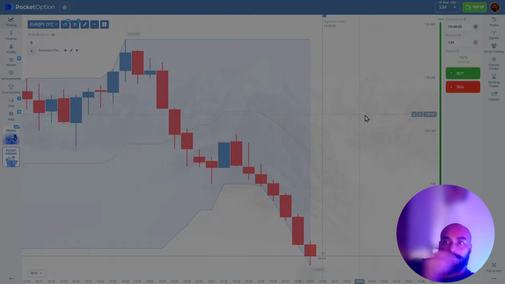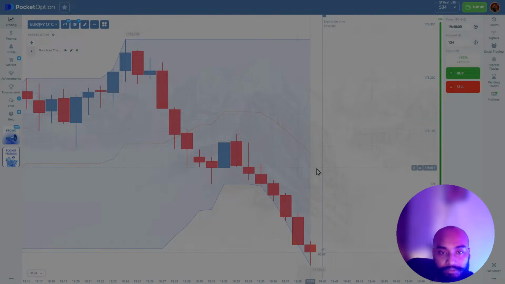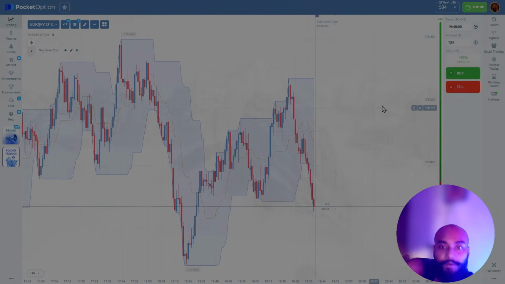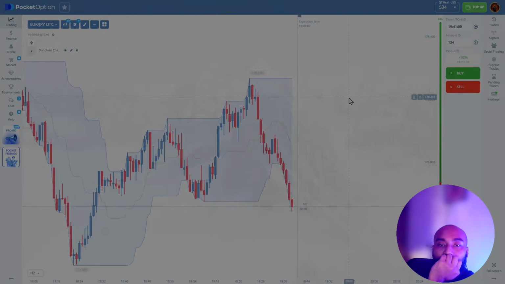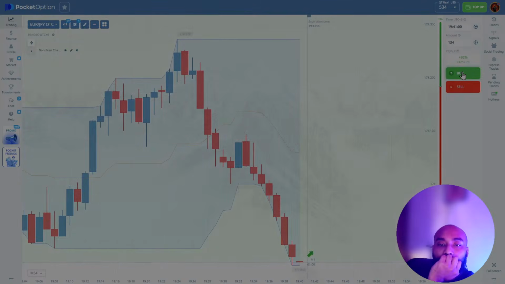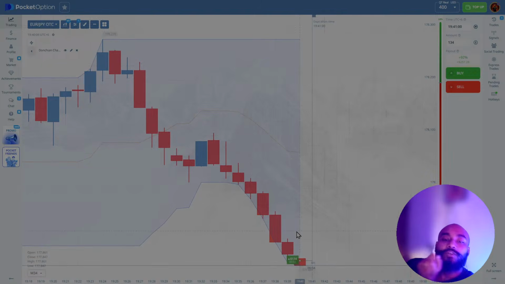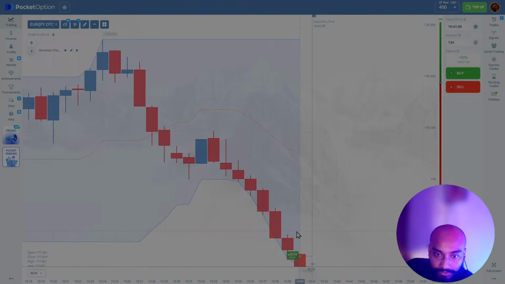Yo, bro. So this is going to be my last trade, and that's it. And after that, I'm done. My final trade. So my stop loss was $400, right? So at this trade, I'm done.